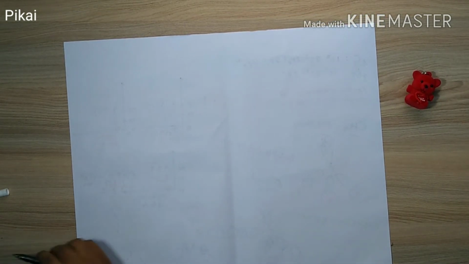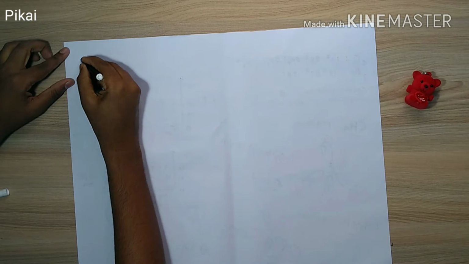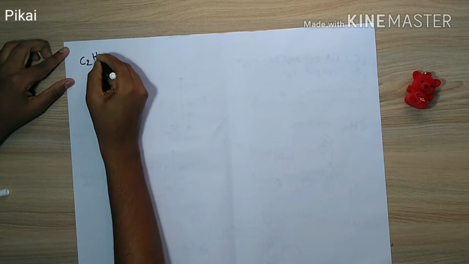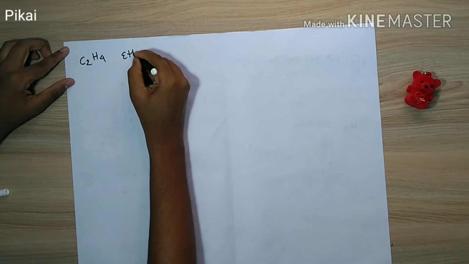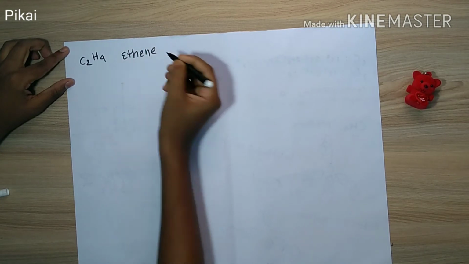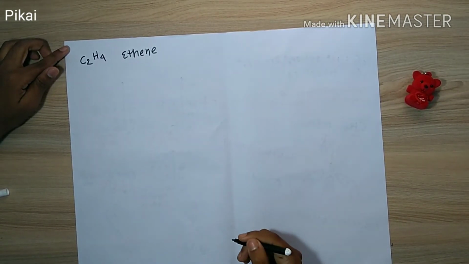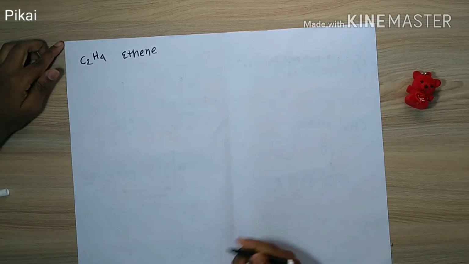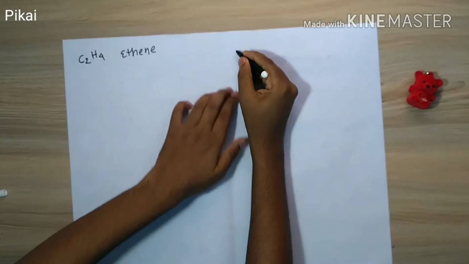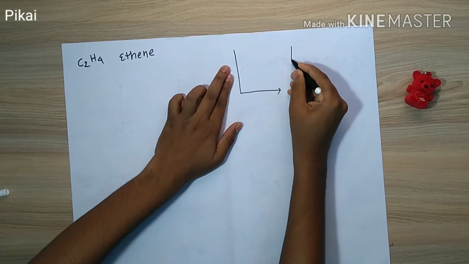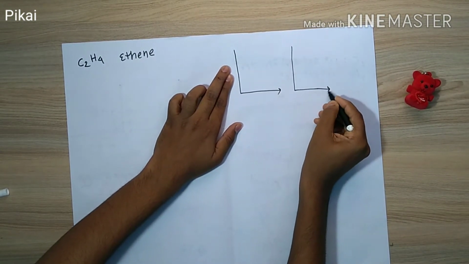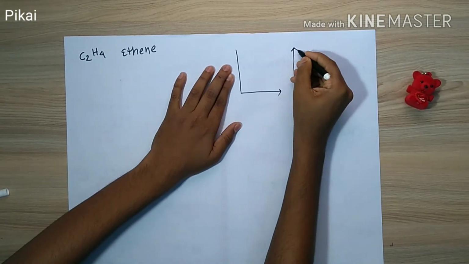So next, now take a look at sp2 hybridization, and this is usually found in ethene, that is C2H4. So we have to again draw the energy levels of carbon. The ground state will be the same, but the difference will be in the excited state.